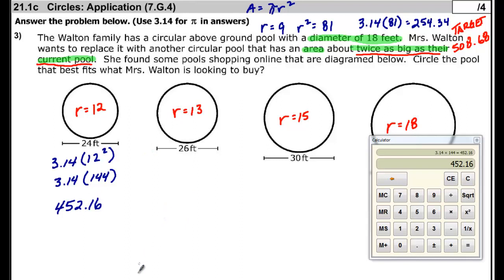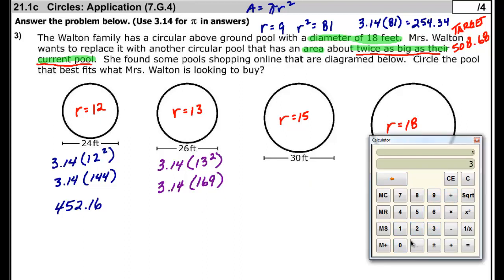So let's see what that 13 gives us. 3.14 times 13 squared, which is 3.14 times 169. You've probably memorized some of those squares by now. 3.14 times 169 gives us 527.52.